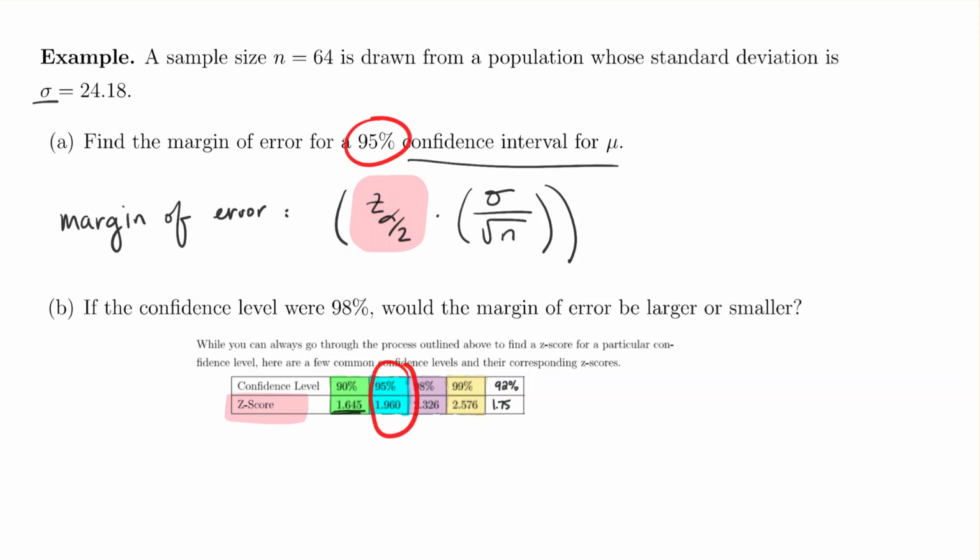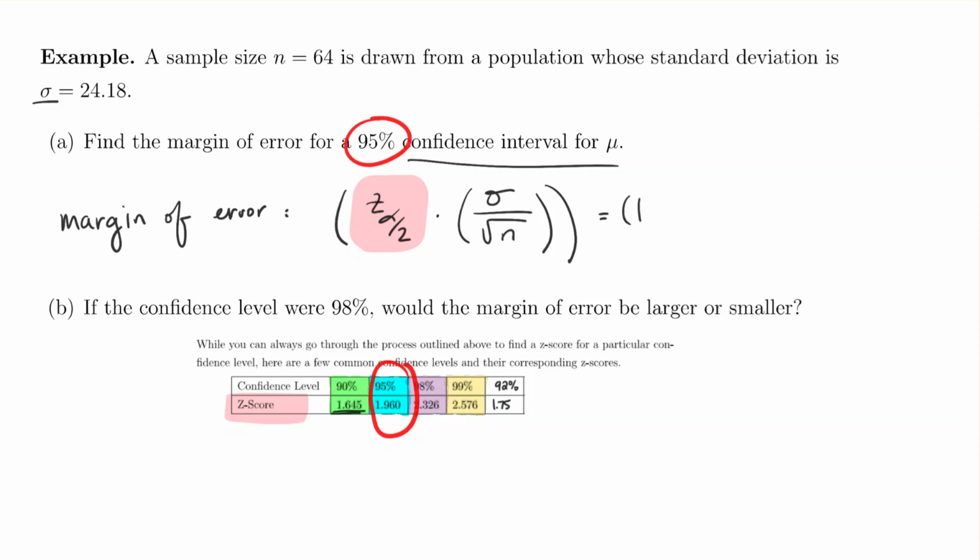Now, if this was a less common confidence interval, like our last example where we were dealing with, I believe, 96%, that's not in the chart, then you saw the process of how you could find the z-score on your own. So remember, this table is a shortcut, not a necessary step. But if you have this information, it of course does make the problem faster. Just make sure you know how to do it the regular way too, in case you had a less common value for your confidence level.